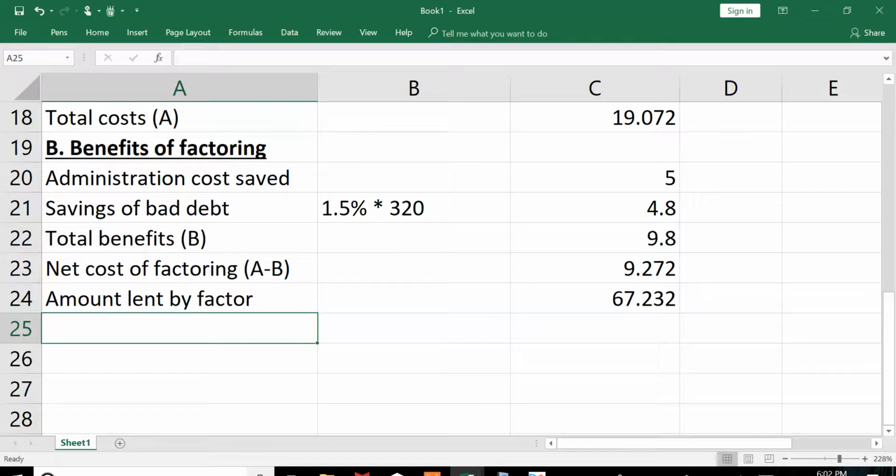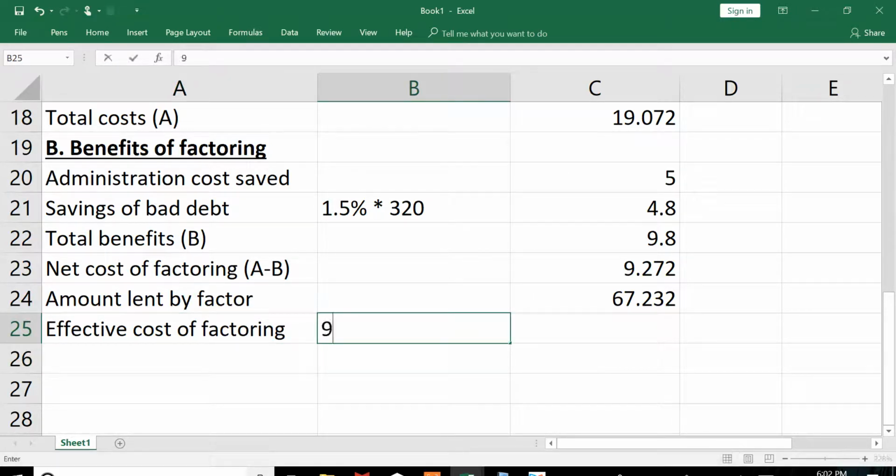Clear? Any doubts on this? This divided by this will give you the effective cost of factoring. 9.272 divided by 67.232 into 100 to get it in percentages.